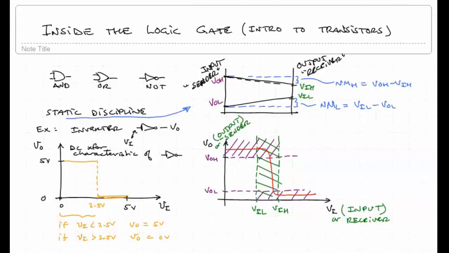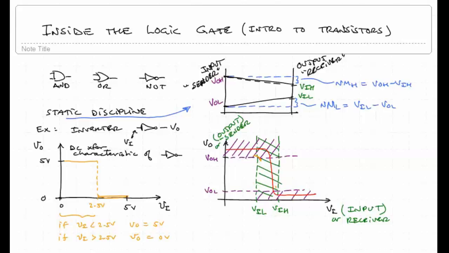Meaning that if it does, then by the time the input voltage reaches VI low, the output must be equal or greater to VO high. So if we were to have a transfer characteristic that came around this corner just like that, it would barely meet our static discipline.